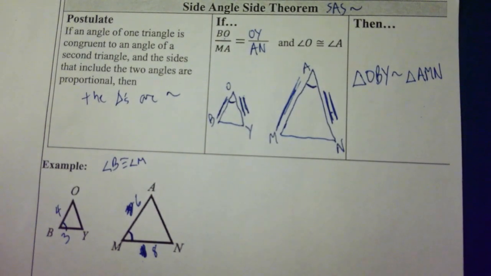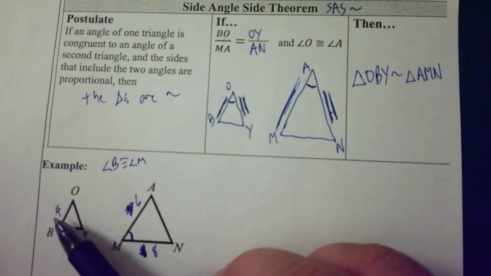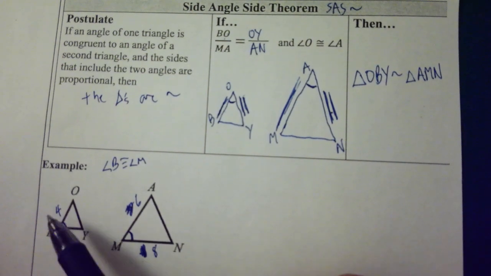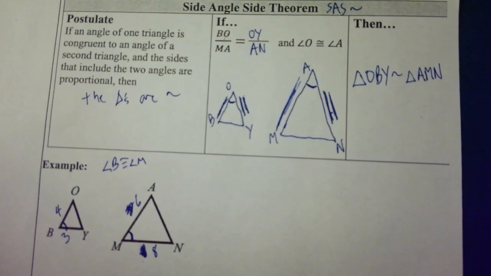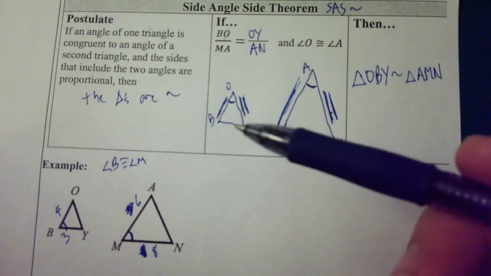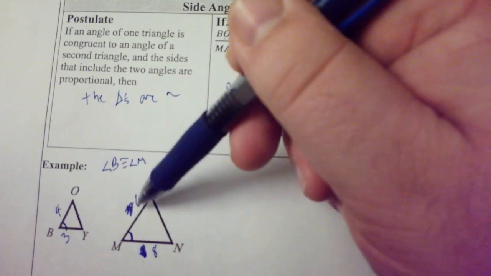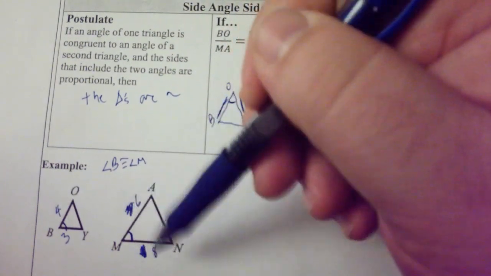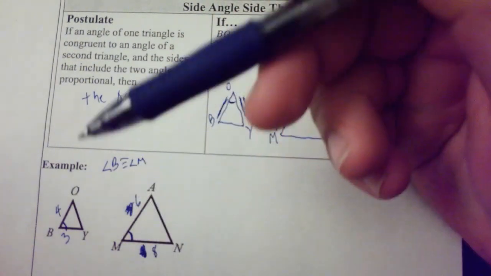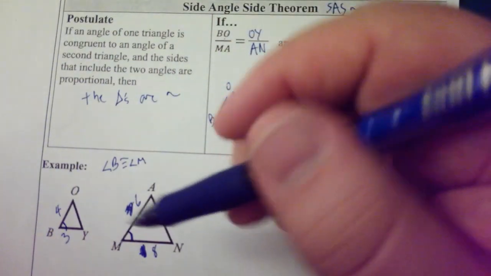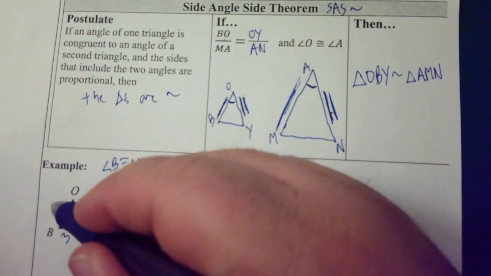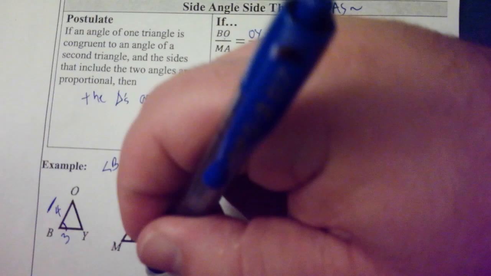Now, the question is, does 4 go with the 6 or does 4 go with the 8? And in this situation, the 4 would have to go with the 8. And the reason why is the biggest number on this one would have to go with the biggest number on this one. You've got to remember that triangles can be flipped, rotated, whatever. So in this case, 4, I'm going to put one dash on it, goes with 8.